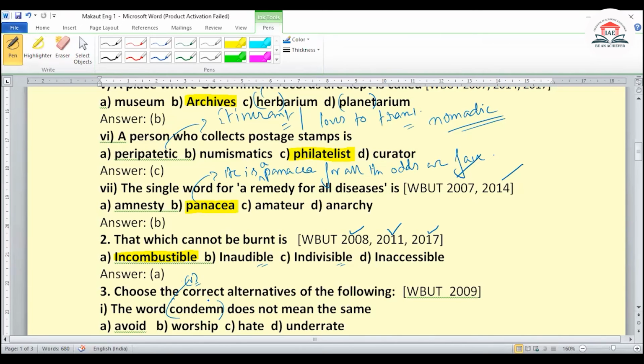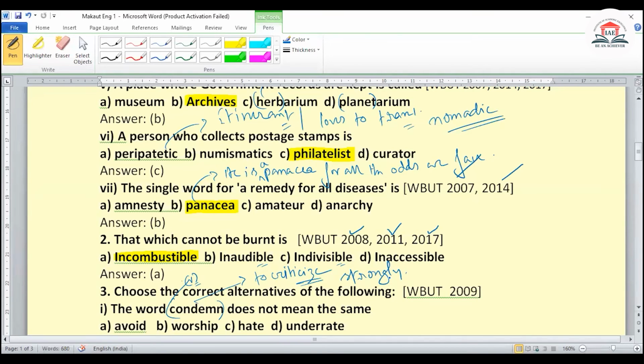Condemn means what? Condemn means support. Just opposite, to criticize strongly. We condemn his action.